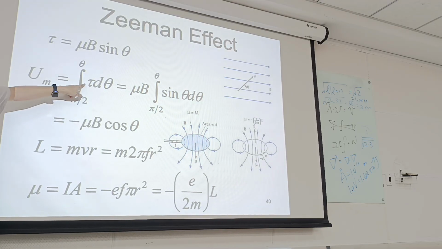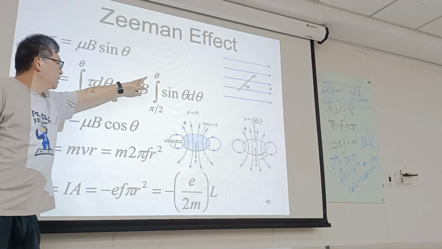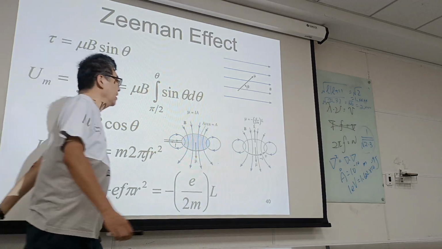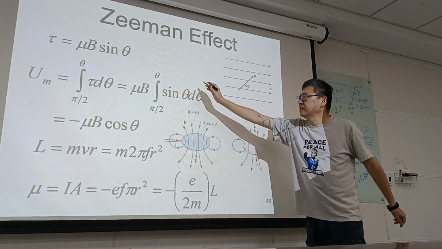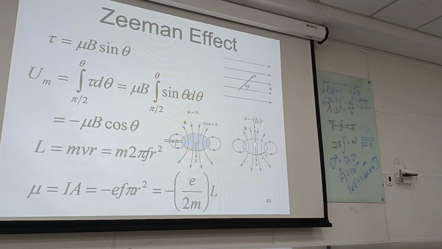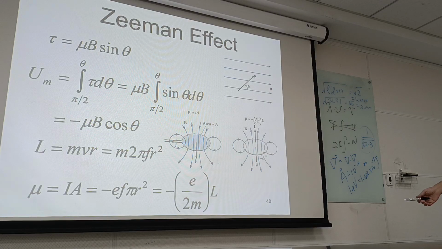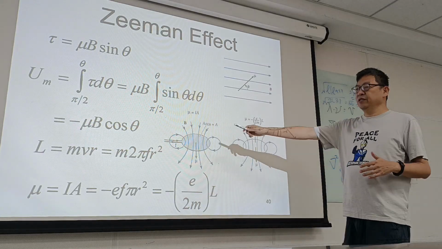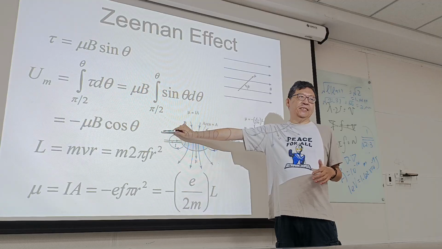Remember, tau is mu B sine theta. From this location to this location, this is the potential. The integration of sine theta is cosine theta. So when I have an atom inside a magnetic field, this is the potential energy it gets.